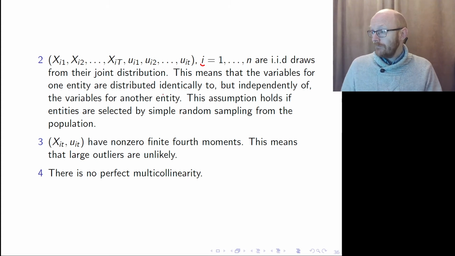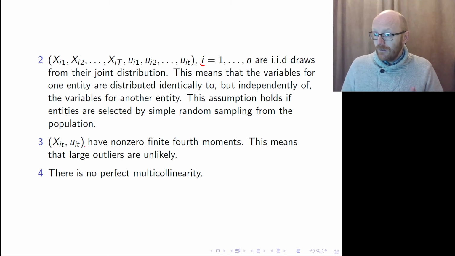And this is important to actually get a good estimate of the causal effect, the beta.